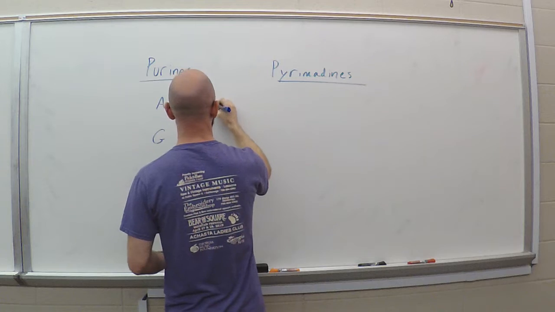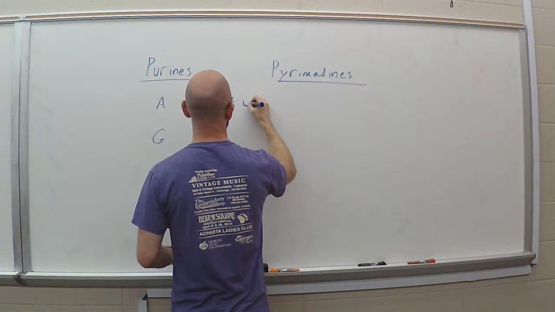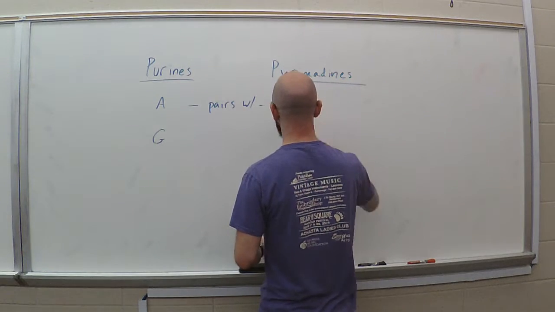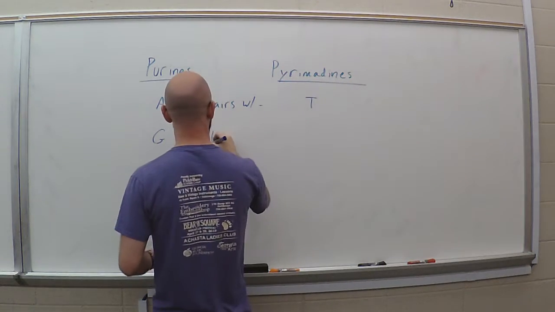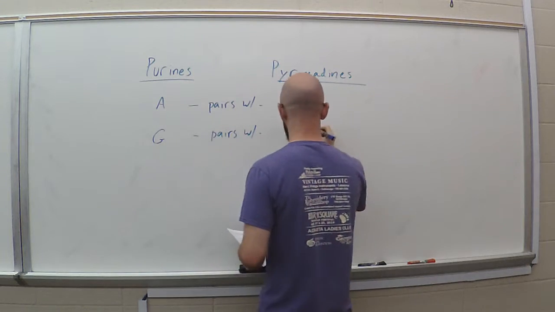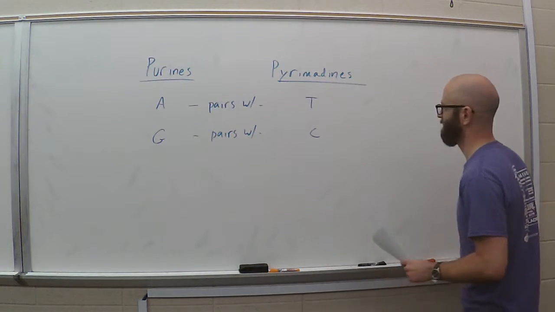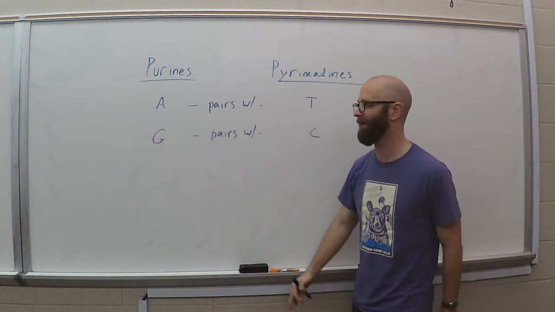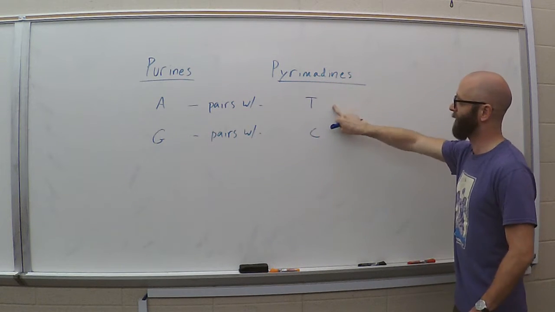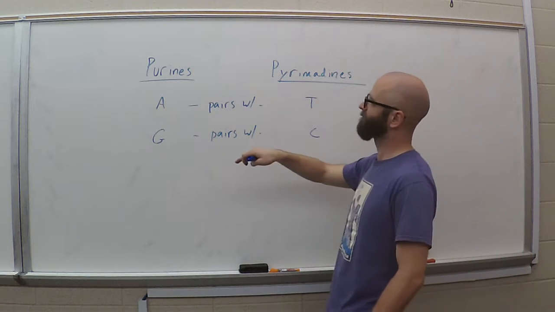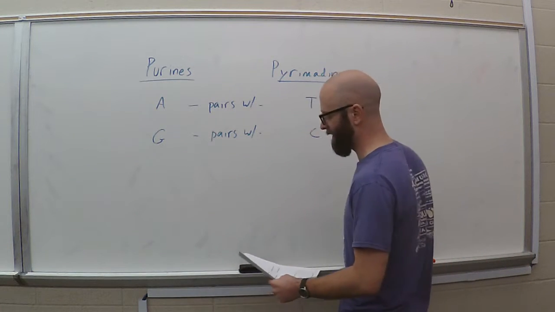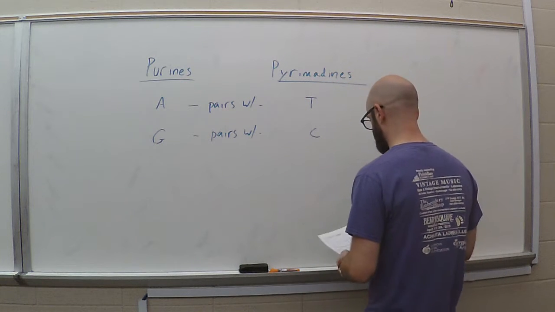Adenine pairs with thymine. Guanine pairs with cytosine. Right? We're looking at DNA-based pairing. You always see the purines pairing with the pyrimidines. And adenine with thymine, guanine pairing with cytosine.